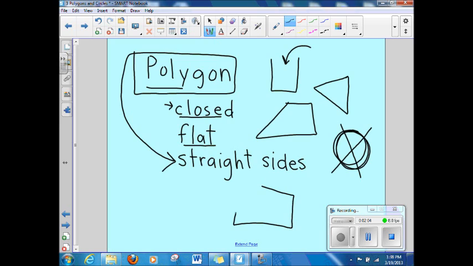Later in our study of geometry, we're going to be looking at some figures that are three-dimensional, and polygons are not three-dimensional. And take a look at this last figure I drew. This one has kind of a curved side right there, so I'd probably not consider this a polygon either. A polygon is closed, flat, and has straight sides.